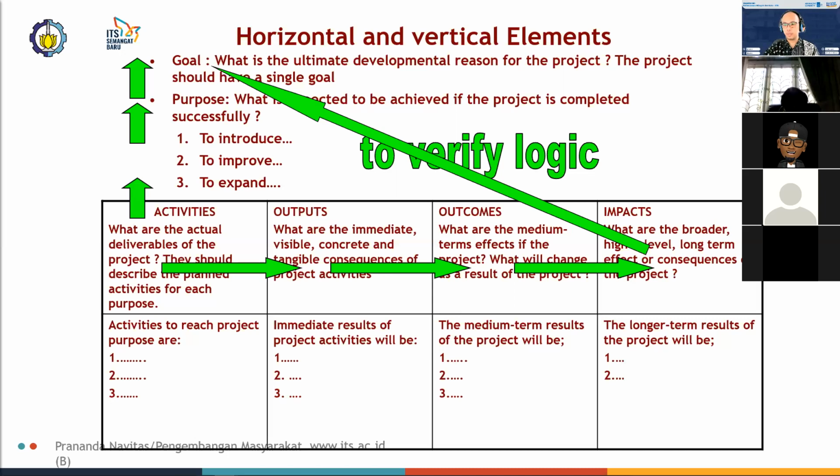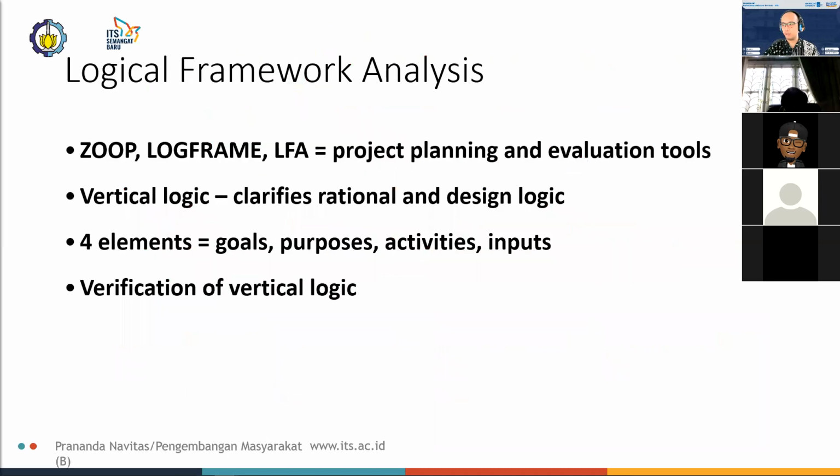We'll continue with the next point of discussion, which is the logical framework analysis. There are some tools, again, that are similar to LFA, log frame, which, to be honest, I've only seen log frame in action once.